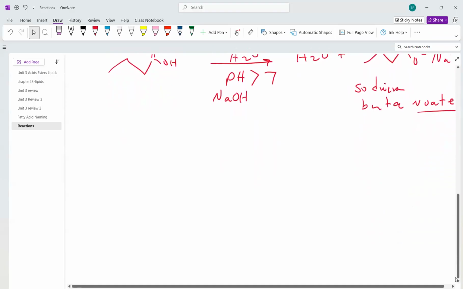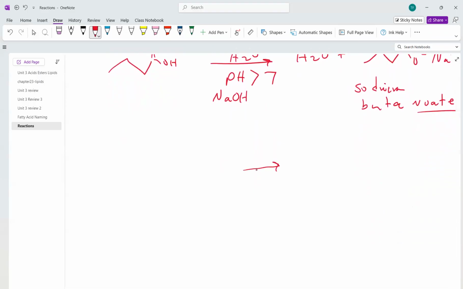Okay, well, how do we make an ester? So let's make an ester. Okay, we have an OCO. One's a double bonded O. Boom. Means it's an ester.